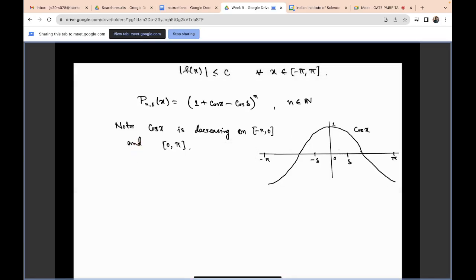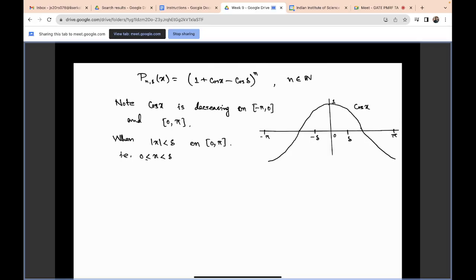So for mod x, when mod x is less than delta, what will happen? Let's say positive, on 0 to pi, meaning x is bigger than 0 and less than delta.